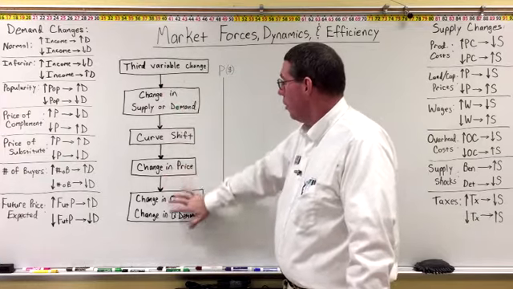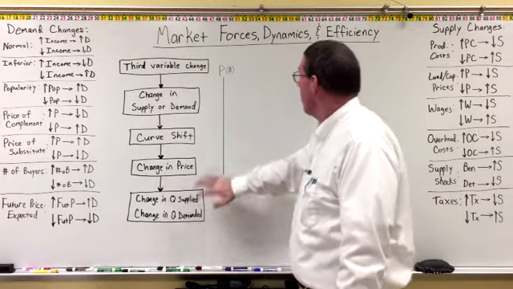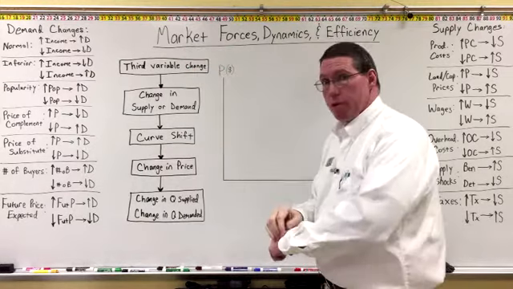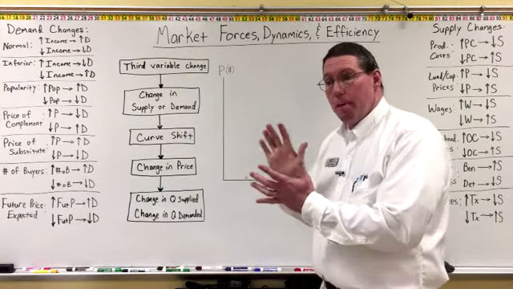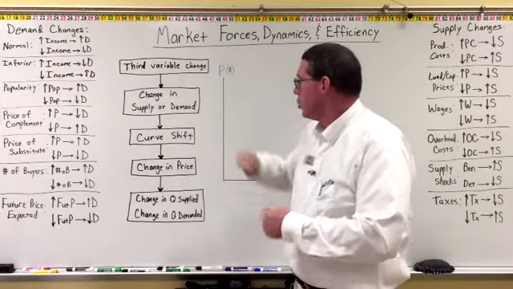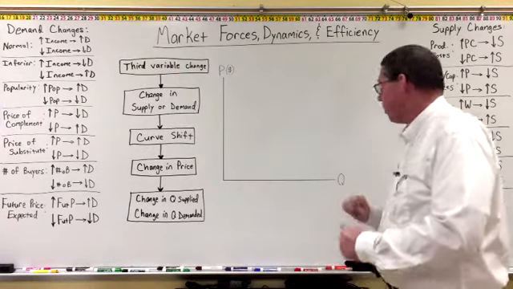Now this is basically a flow chart that shows the dynamics of the market when there is a change. Typically the very first thing that happens is there is a third variable change, not price, not quantity.